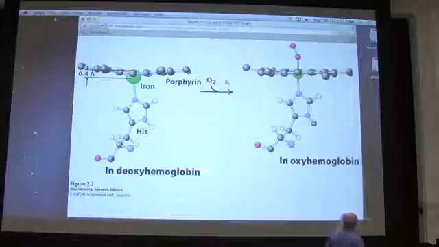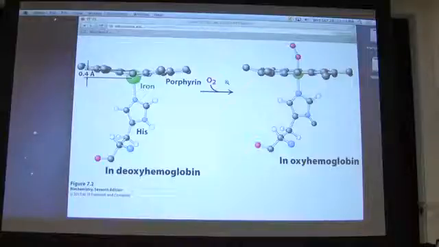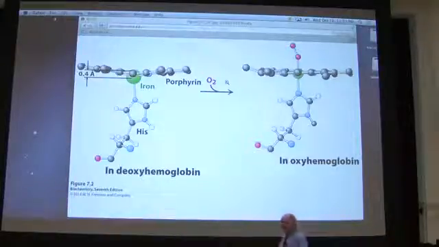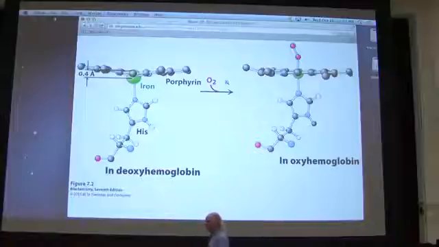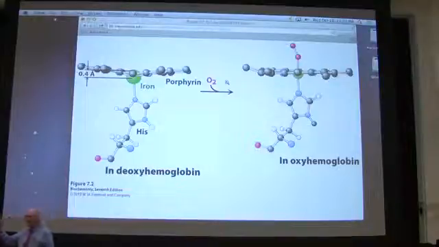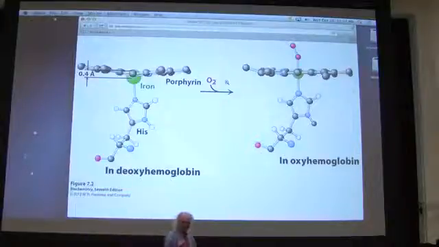The so what is if you look at the figure on the right and you look at the position of that iron, you'll see it has shifted up very, very slightly. In fact, it shifted up by 0.4 angstroms. An angstrom is 10 to the minus 10th meters. That's 1/10 billionth of a meter. That very tiny movement, I'm going to tell you and hopefully convince you, is why animals can exist.